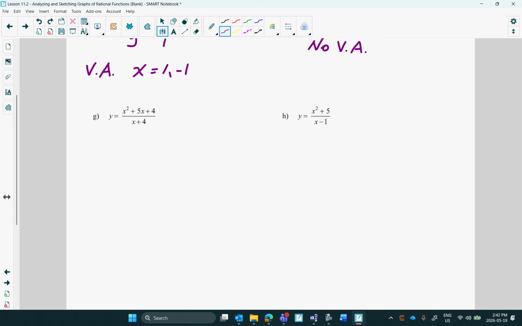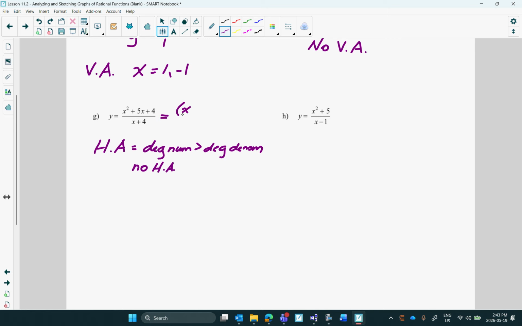This one. Horizontal. What's the degree of the numerator and denominator? So that means the degree of the numerator is greater than the degree of the denominator. What does that mean? Yeah. No horizontal asymptote. Factor.